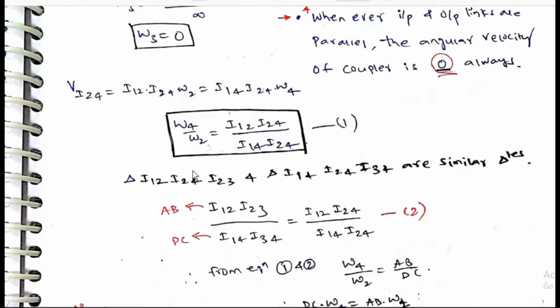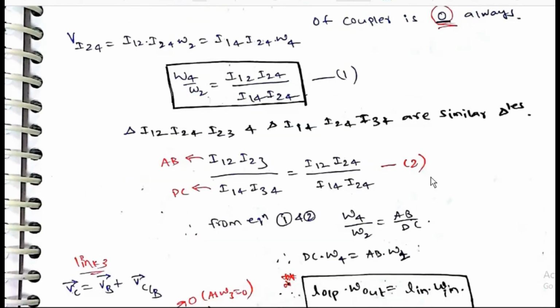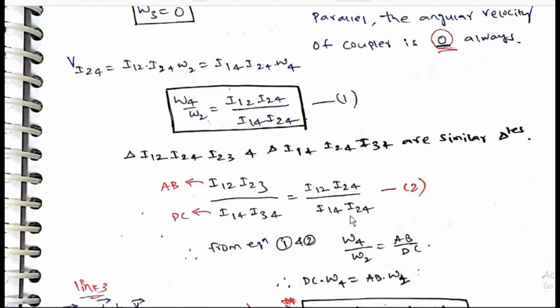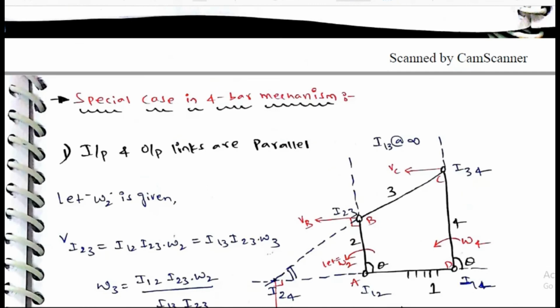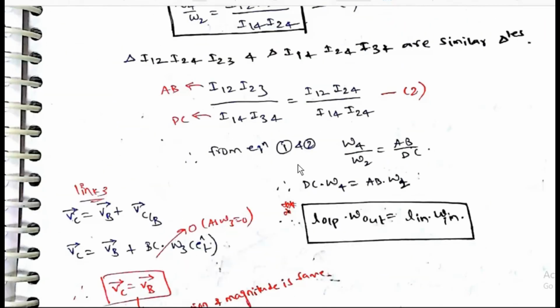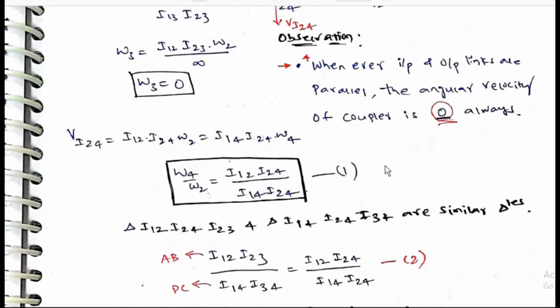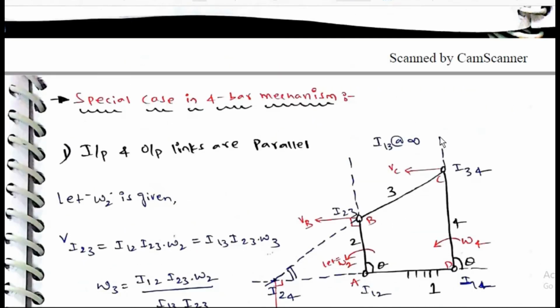The triangles are similar, so I12 I23 by I14 I34 is equal to I12 I24 by I14 I24. From equations 1 and 2, omega 4 by omega 2 is equal to AB by DC.